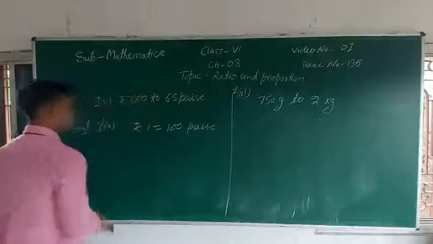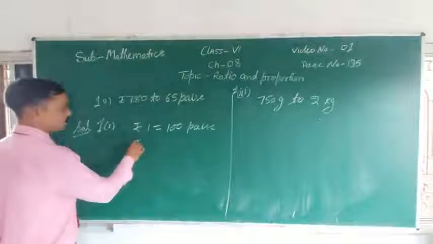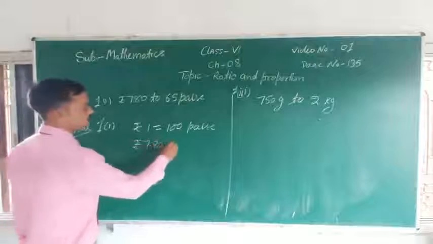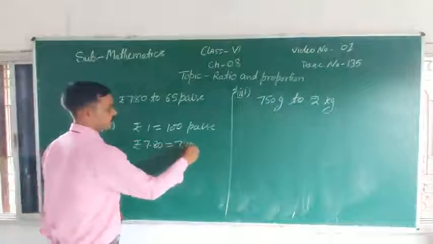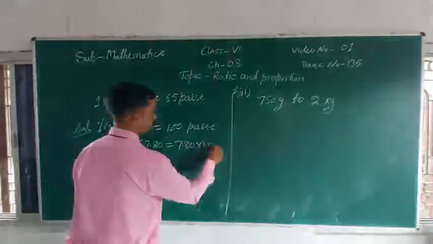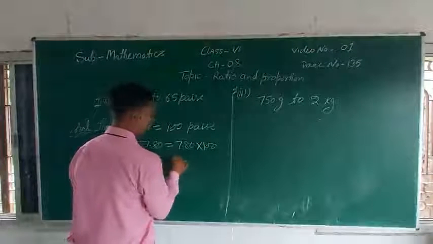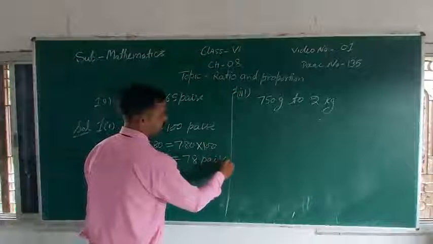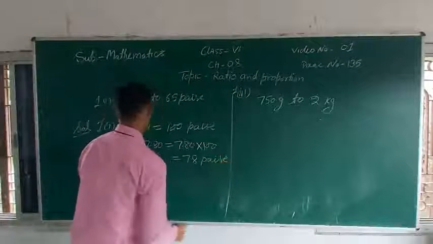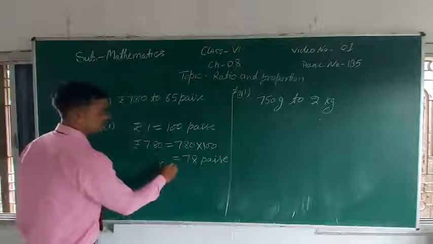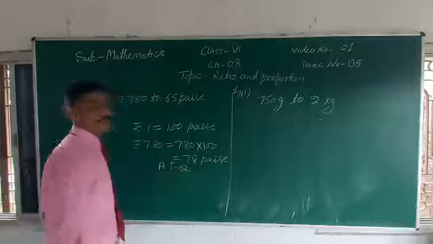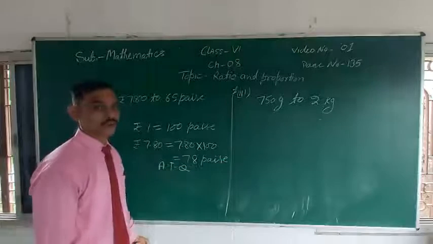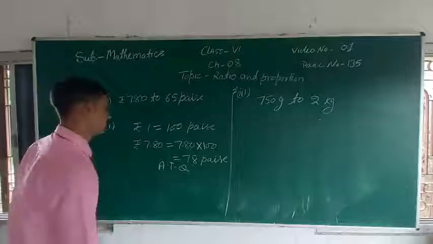Now rupees 7.80 is equal to 7.80 times 100, that is equal to 780 paisa.